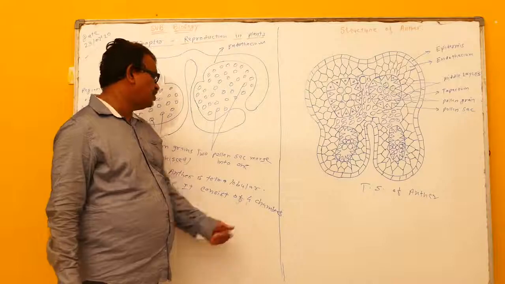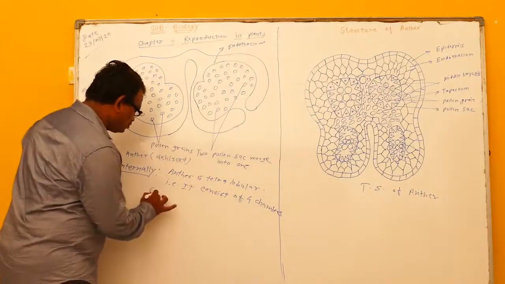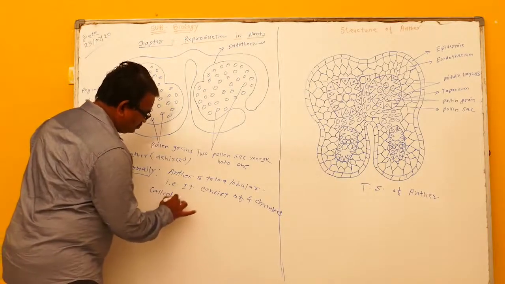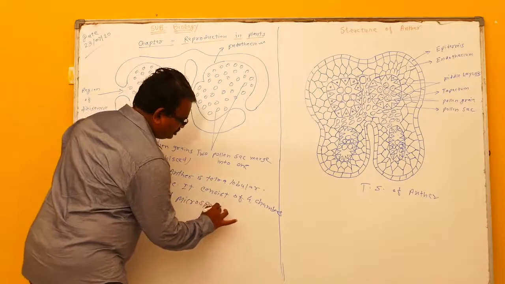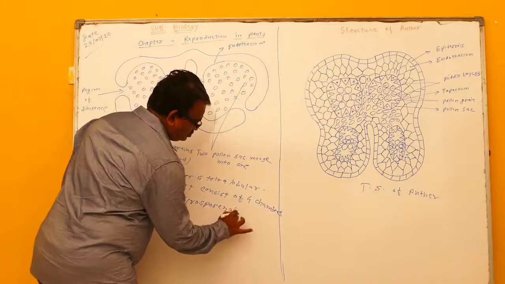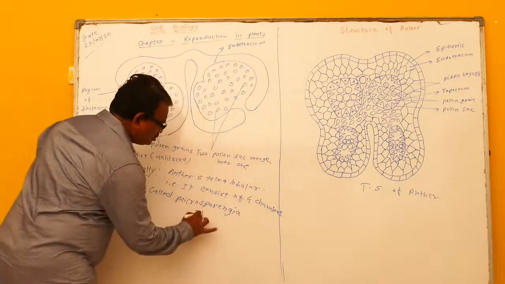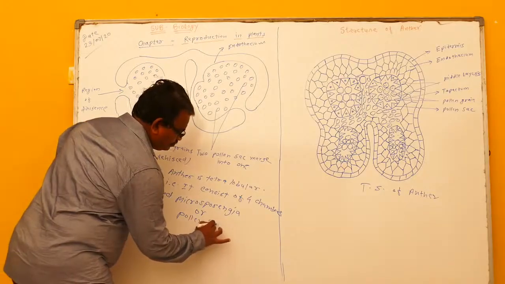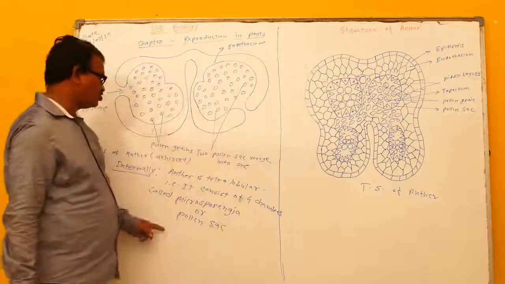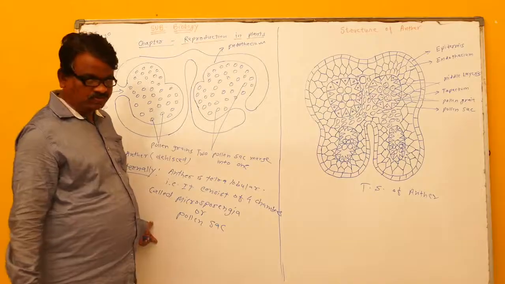It consists of four chambers called microsporangia. It is also called the pollen sac.